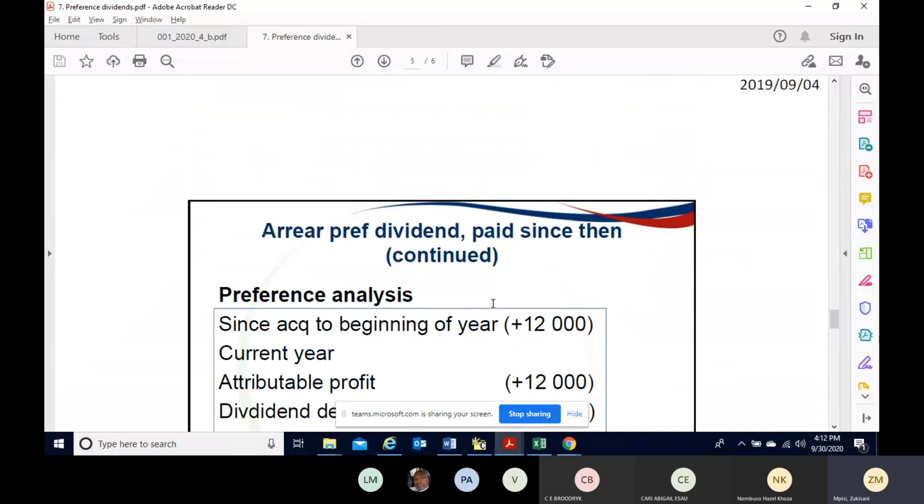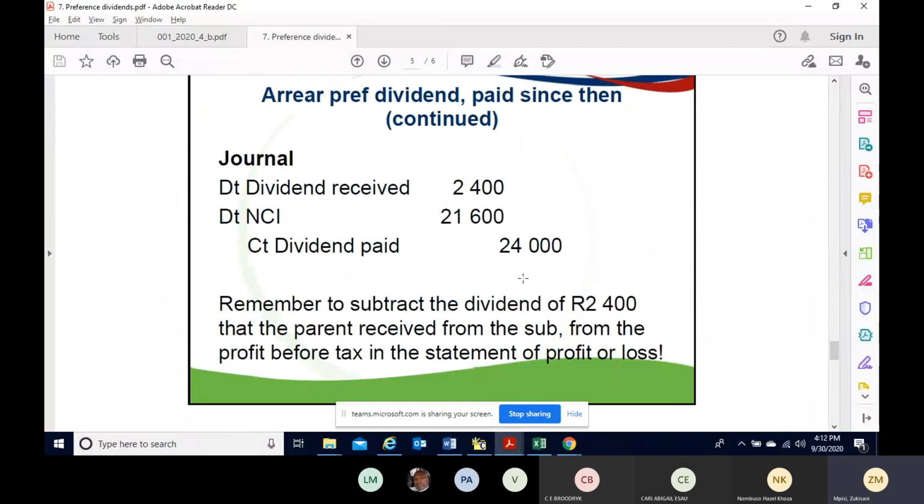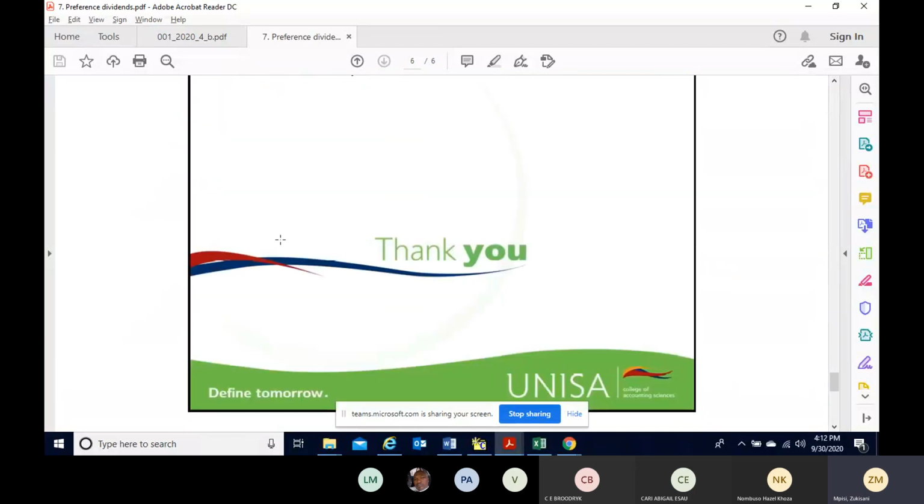Once it is paid, we indicate it as a negative. We'll have an example where we will do this. In the case of a pro forma journal entry, please note that we follow the same principle that we learned about ordinary shares. There is no difference.